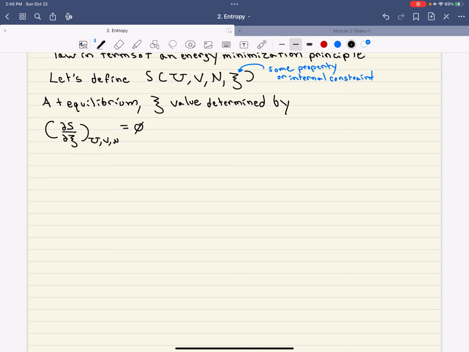So that's an extremum. But since we're dealing with a maximum, we also know that the second derivative would be negative. That's just what the entropy maximization idea says.